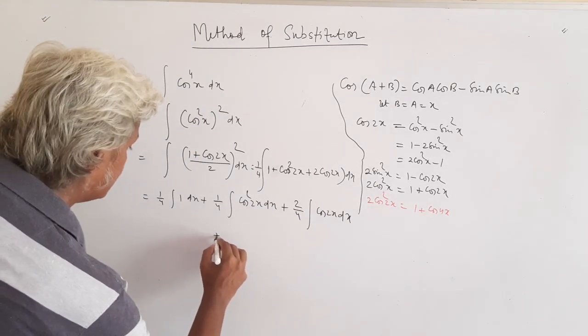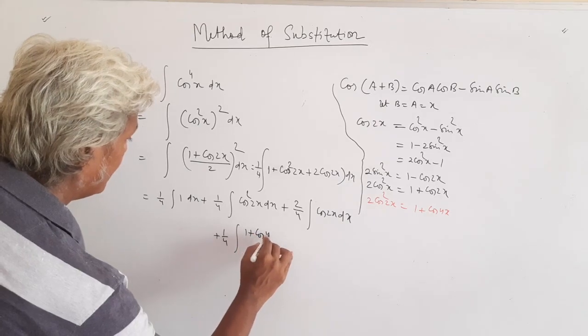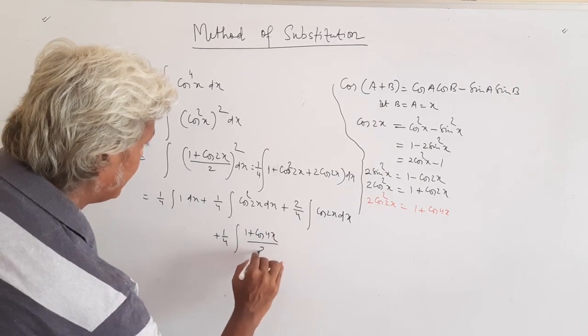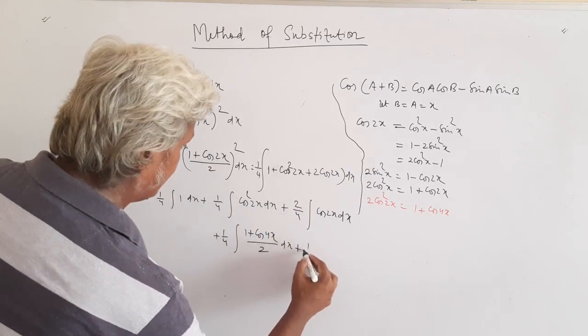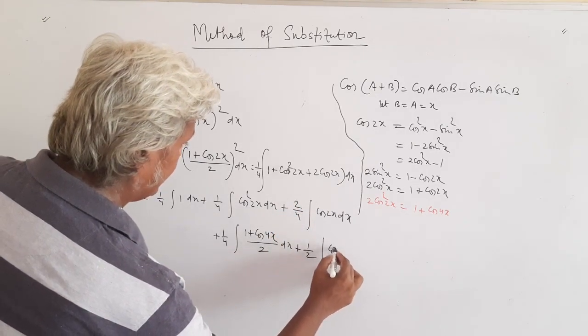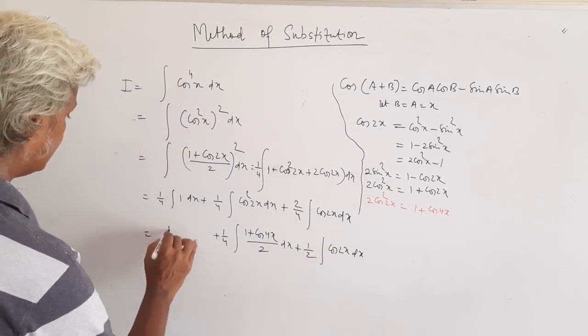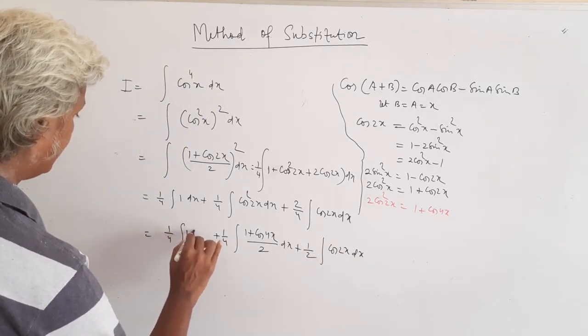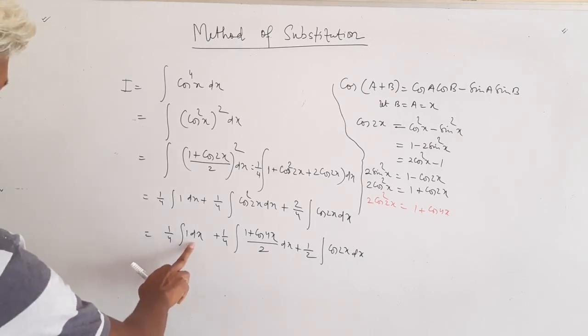So this becomes 1 by 4 integration of 1 plus cos 4x by 2 dx plus this 2 by 4 is just 1 by 2 integration cos 2x dx, and this one is 1 by 4 1 dx. So now if I find the summation, I have integration 1 dx here.